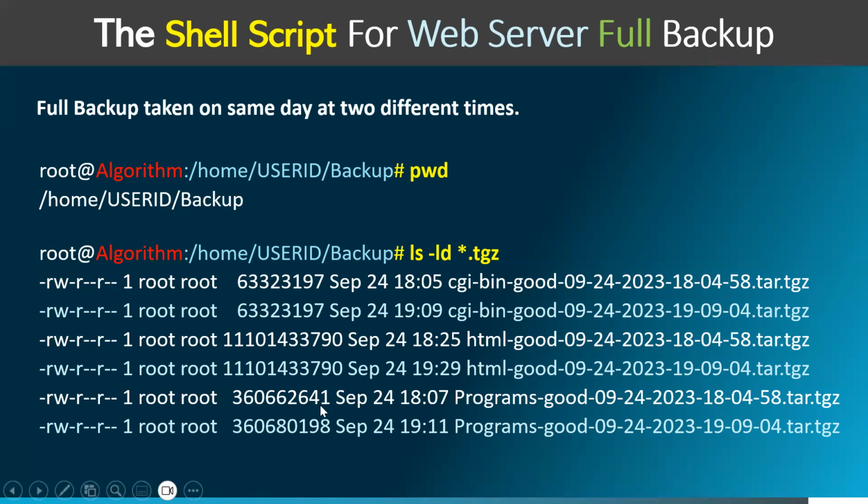So the size of the file, you can see on September 24 at 6:07 when it completed, was 80198 versus 62641. You can see the size is different, and that is going to show you that your script is working successfully. If I have to restore it, I can restore it without any problem.